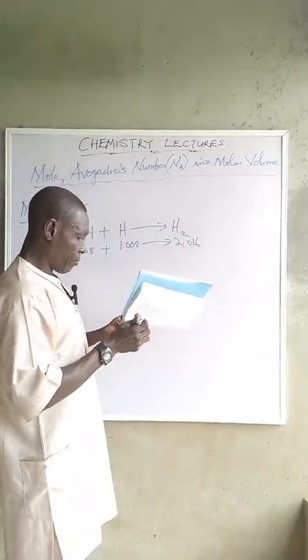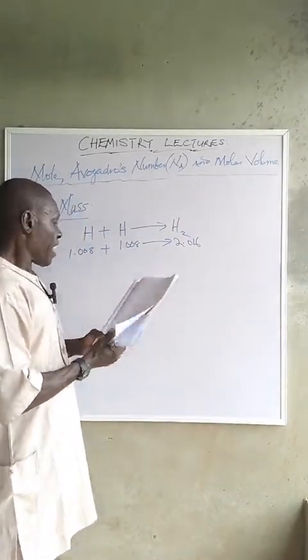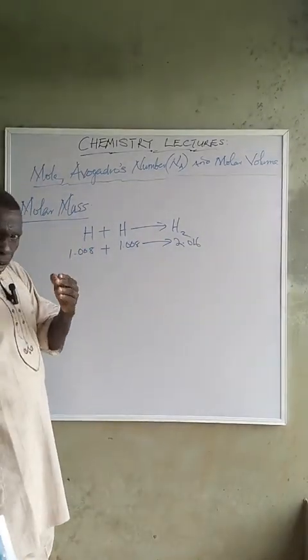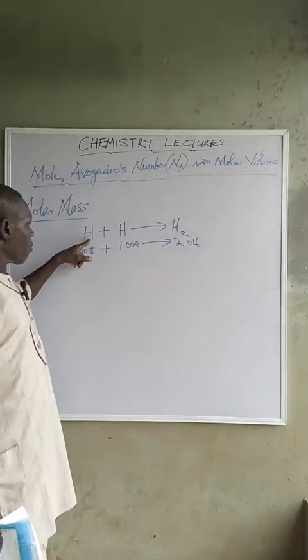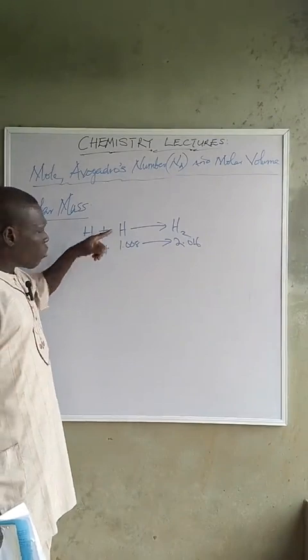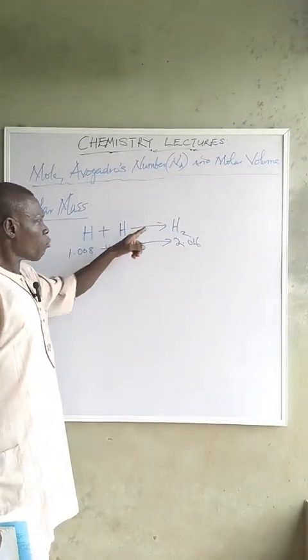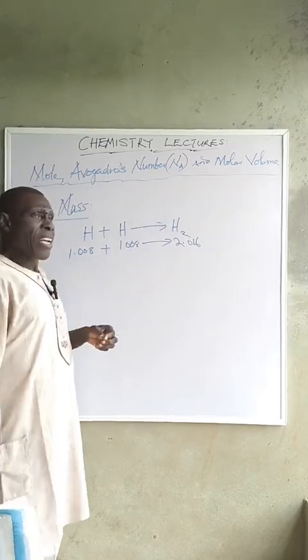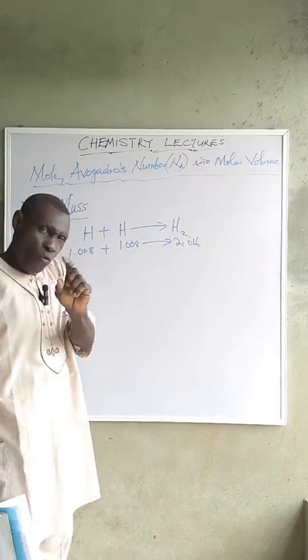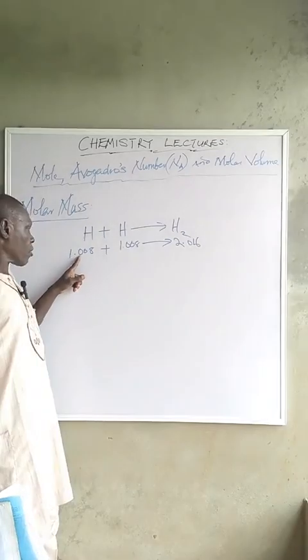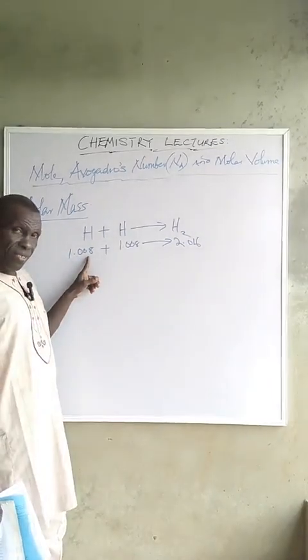So look at this here. Now, if you look at this equation, if you are following Avogadro's law, it means one mole of one atom of hydrogen combined with one mole of one atom of another hydrogen to form one mole of what? Hydrogen molecule. And the atomic mass of one atom of hydrogen is 1.008 grams.